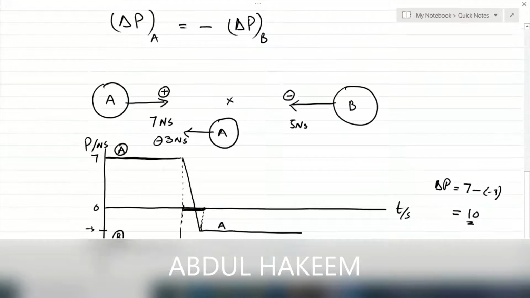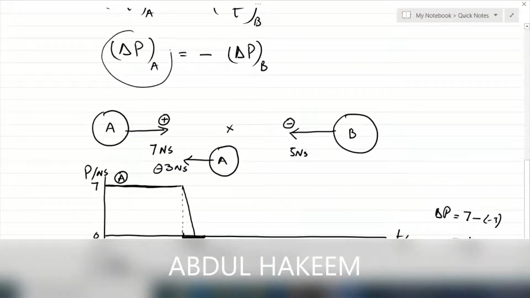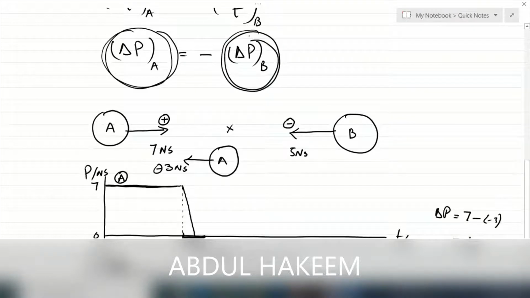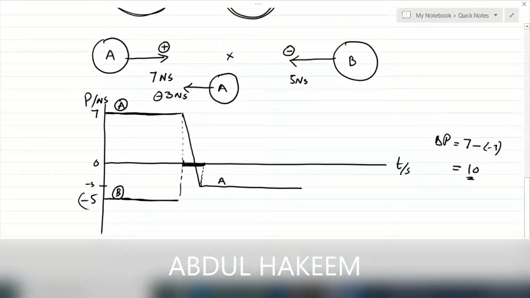Now, according to Newton's third law, change of momentum of A is exactly the change of momentum of B during the collision, during action and reaction, but opposite in direction. So the initial momentum of B is minus 5. So definitely its change of momentum is also 10. Yes, for this, B is moving in the opposite direction with momentum 5.